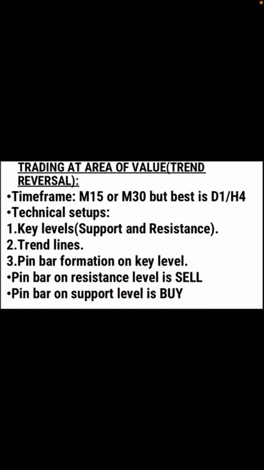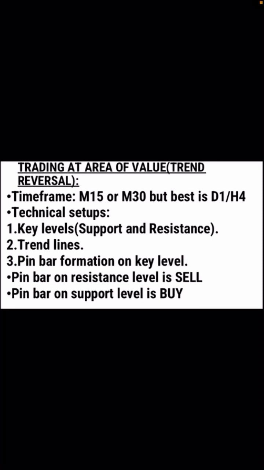Okay? The pin bar only reverses at areas of value. The area of value are the place where you marked your support and resistance. So if you marked your support and resistance in any of this time frame, whether M15, M30, or D1 or H4, which is actually the best, the higher time frame, you mark it. What do you do?